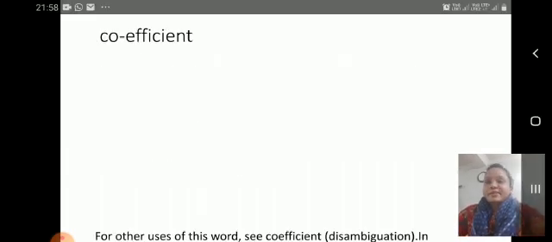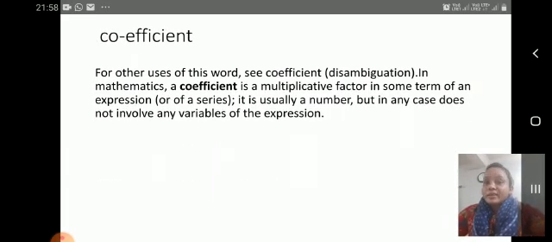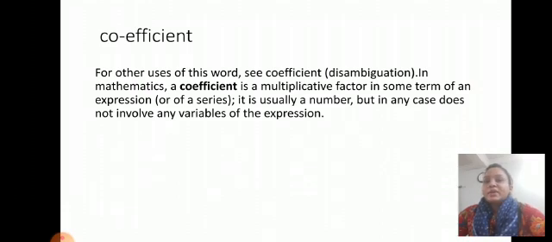Now coefficient. In mathematics, a coefficient is a multiplicative factor in some term of an expression. It is usually a number, but in any case does not involve any variables of the expression.